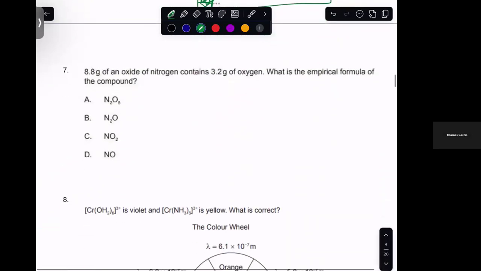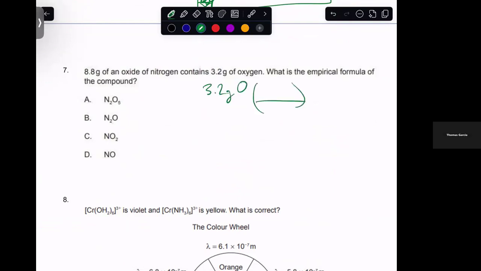Moving on, number 7. 8.8 grams of an oxide of nitrogen contains 3.2 grams of oxygen. What is the empirical formula of the compound? There are a couple ways to do this, but the easiest way is to just calculate how many moles of each are in this compound. If we have 3.2 grams of oxygen, we can convert that to moles by taking 16.0 grams is 1 mole.